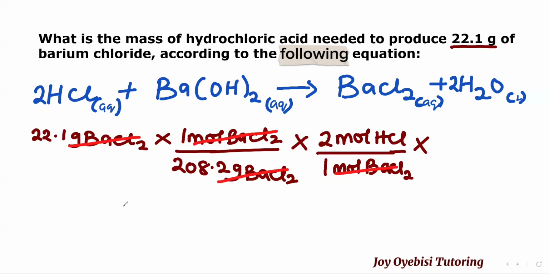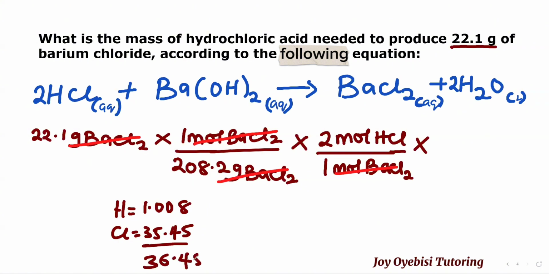So the molar mass of HCl is hydrogen would be 1.008. And then Cl is 35.45. So we add them up. That gives me 36.458 grams per mole.